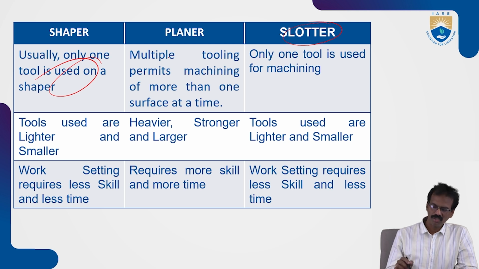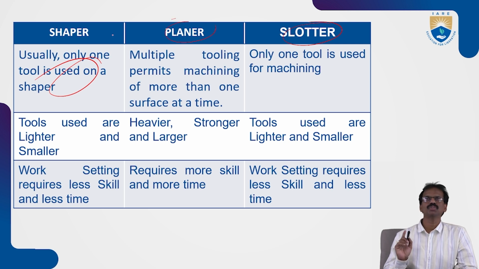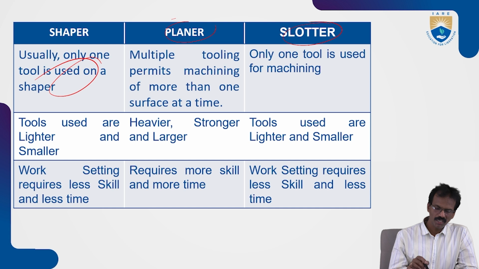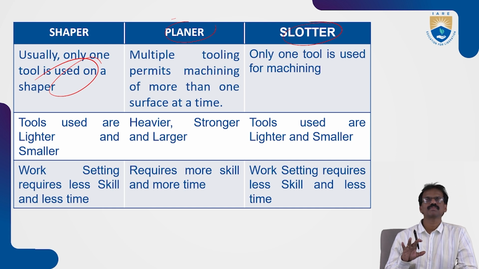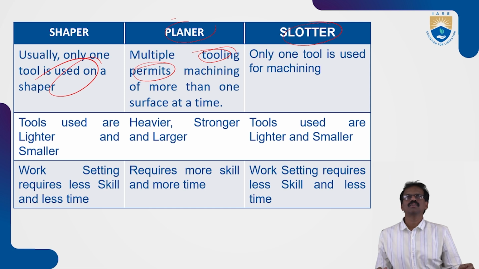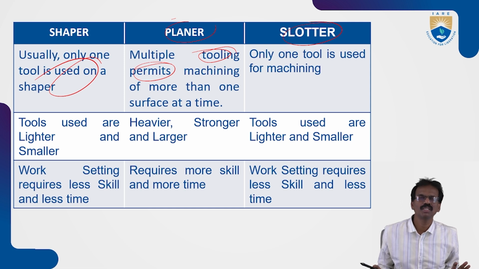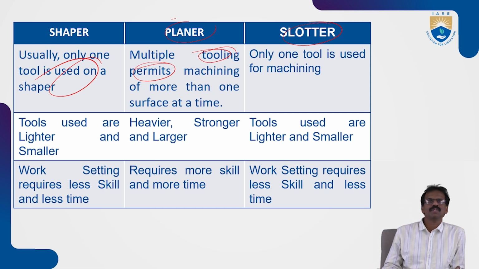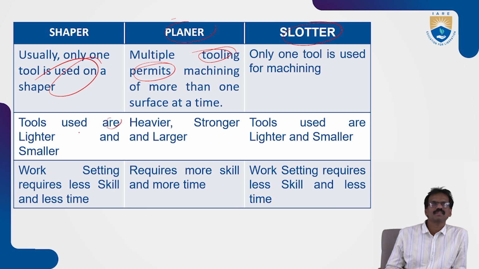In the slotting machine also only one tool is used for the machining. But in planing we can use more, four tools, for the machining. Multiple tooling permits machining. So by the help of the planing machine, that is the main difference from the shaping and slotting machines.